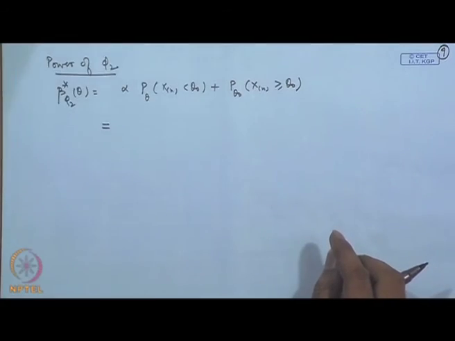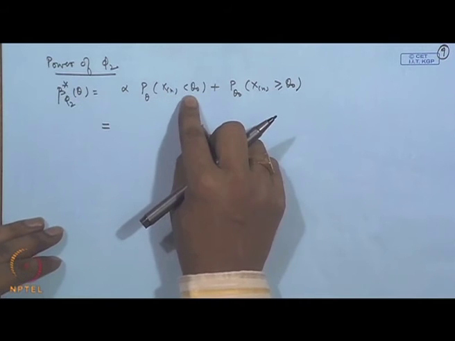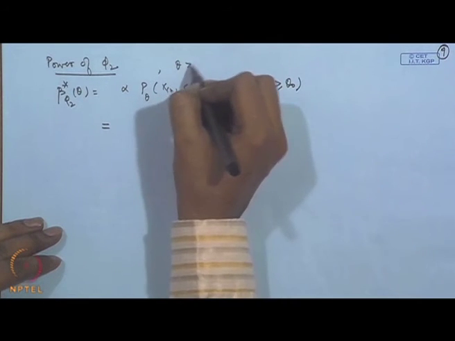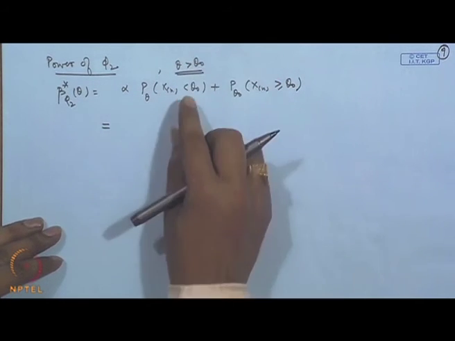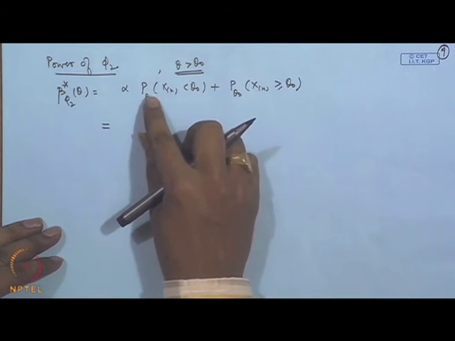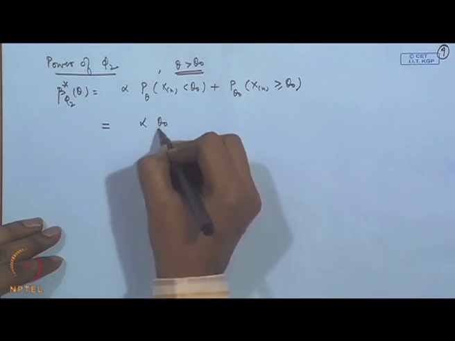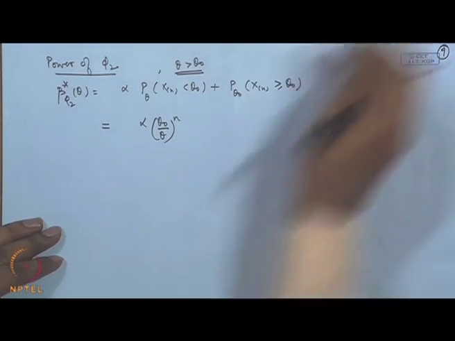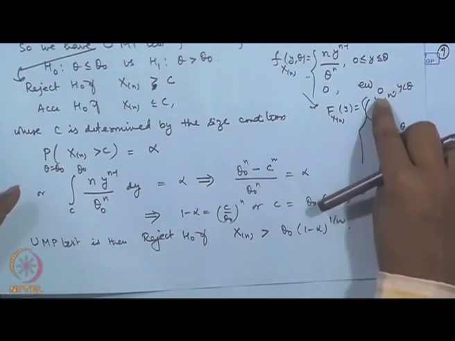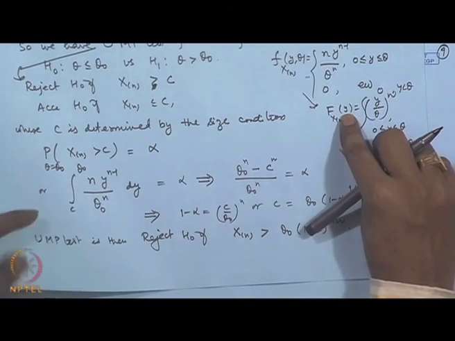Therefore, I can consider this thing here. I am considering in the alternative set theta greater than theta naught. So, we are going only up to theta naught. So, this probability will be theta naught by theta to the power n, because this is y by theta to the power n, that is the probability up to y.